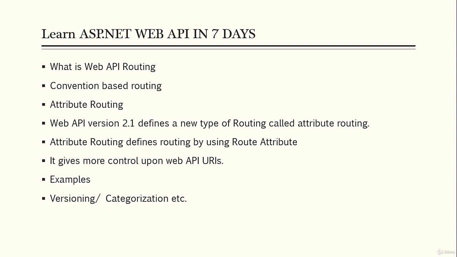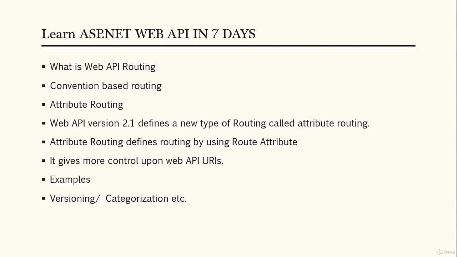Now we want to have one more method wherein we need to get data from X plus 1 data source. So in that case we can define a version of these API methods, say version v1 and v2, and that can be defined by using this route attribute, and inside that we can define the API URI according to what kind of version we want.